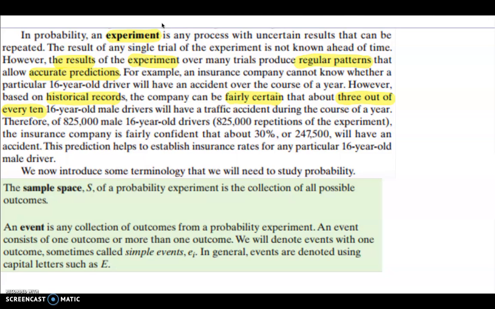So of 825,000 16-year-old male drivers, the insurance company is fairly confident that about 30%, or 247,500, will have an accident. This prediction helps to establish insurance rates for any particular 16-year-old male driver. They're using these repetitions and proportions to establish a pattern they feel fairly confident about, and then that's how they make predictions about insurance rates.